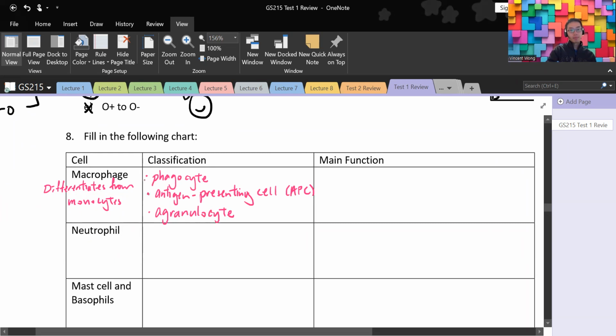Okay. So there you have it, 3 types of classification. Main functions, what do they do? Well, they just perform phagocytosis, right?